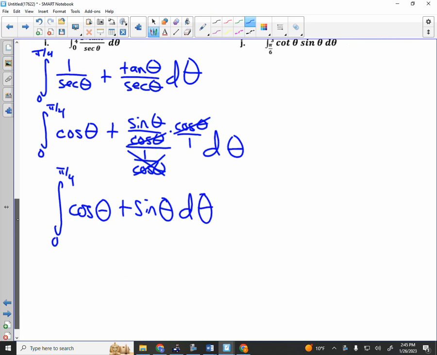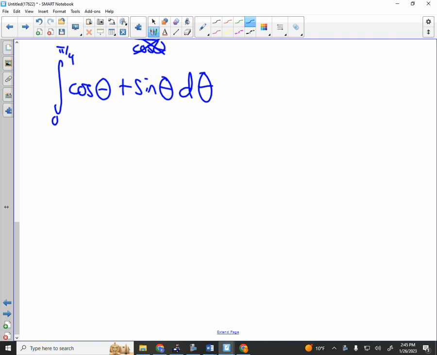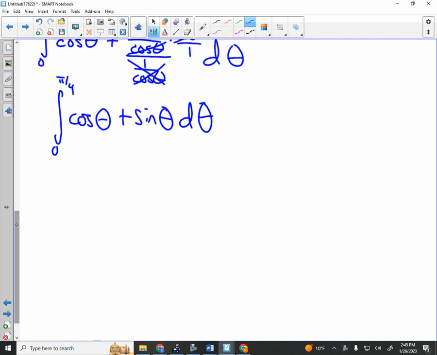Now the problem becomes pretty easy. The antiderivative of cosine is sine. And the antiderivative of sine is negative cosine. I plug in pi over 4, 45 degrees.